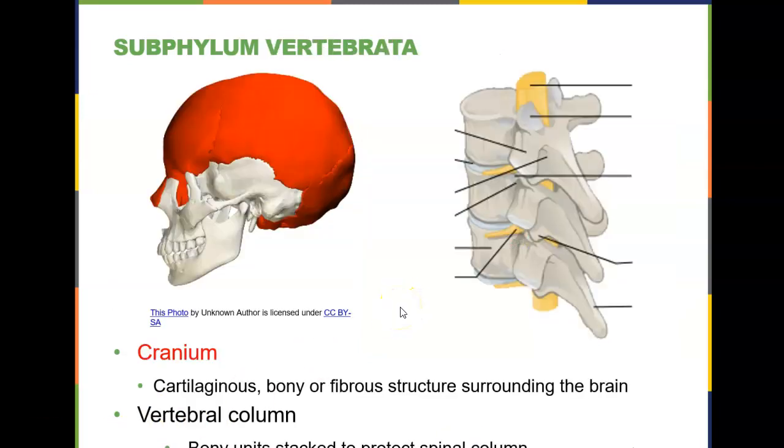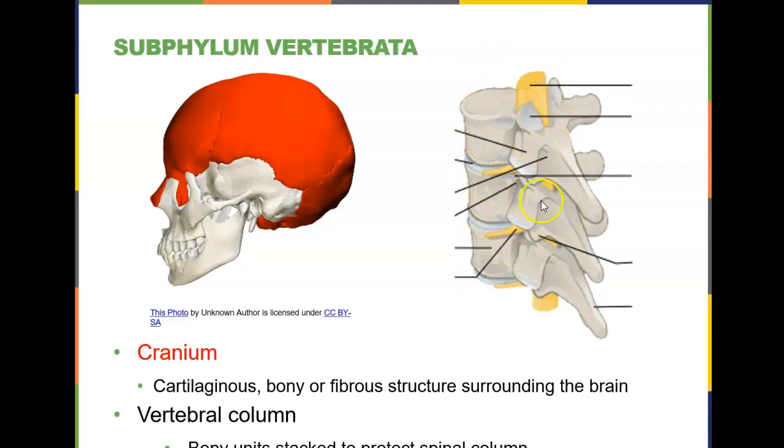All right, so let's move on to the subphylum Vertebrata. These are the organisms that do develop both a cranium, so this is a bony cap over a brain structure, as well as a vertebral column, in which the vertebrae stack up on themselves.